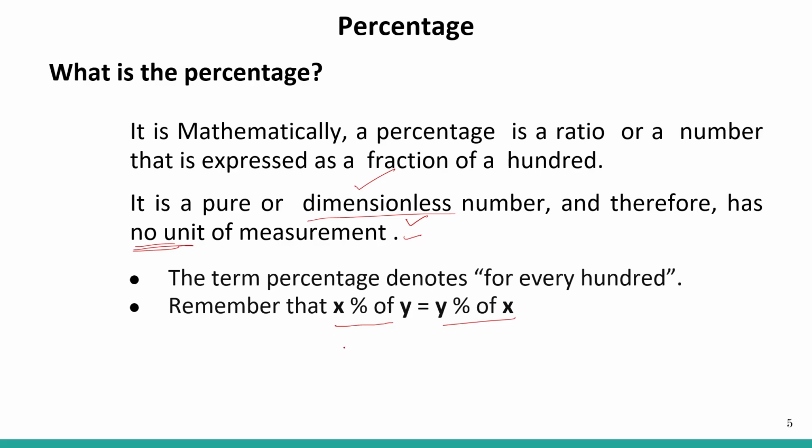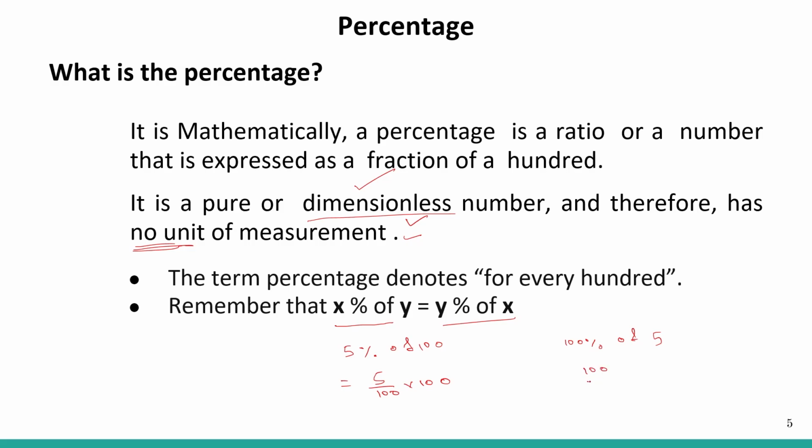Let's see, 5% of 100, and 100% of 5. 5% of 100 is 5 by 100 into 100, and this is 100% of 100.